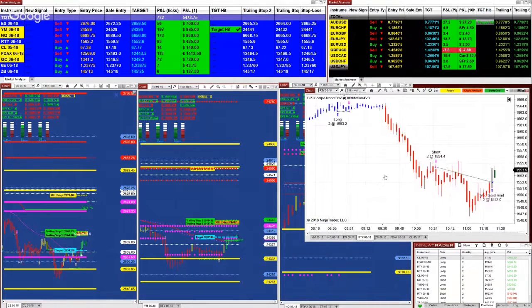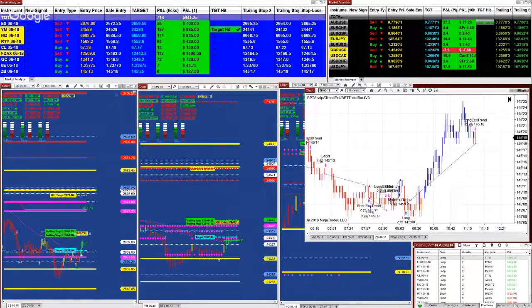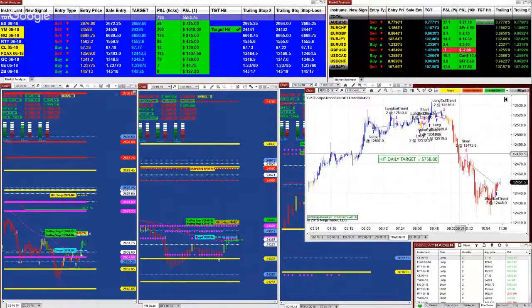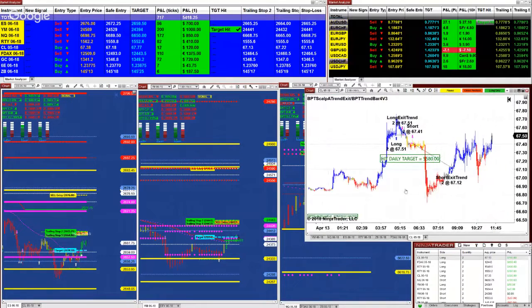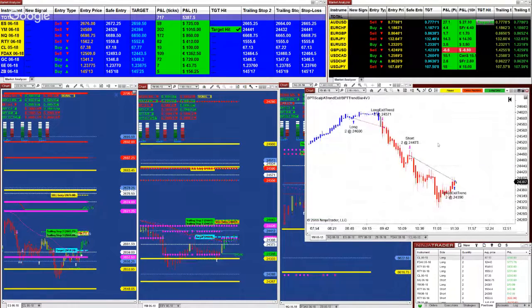And on this Russell, we are still not hitting the target. The 30-year Treasury bond just closed in that direction. And the DAX today took 1, 2, 3, 4 trades and hit 7. And now we have the CL hit the target. So as an example, on those, the auto trade keeps trading until it hits the target.